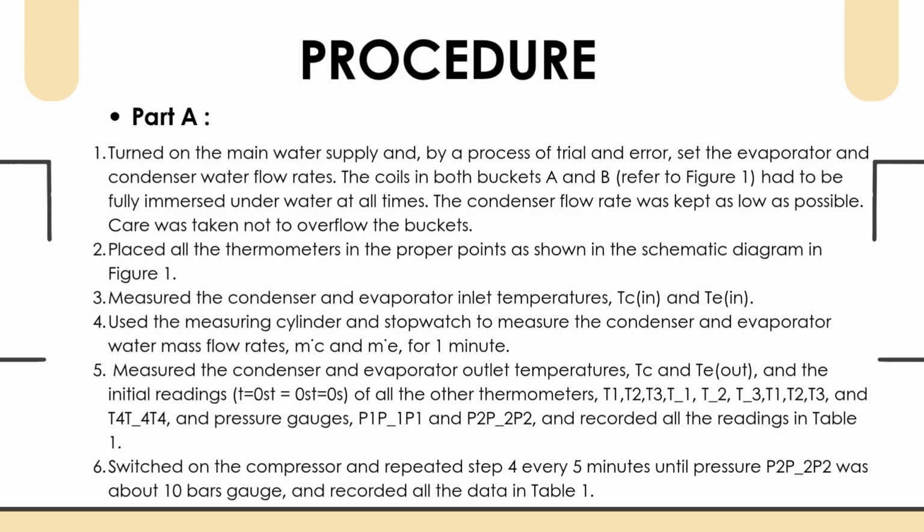Measure the condenser and evaporator outlet temperatures (Tc out and Te out) and the initial reading of all the other thermometers and pressure gauges, and record all the readings in table 1. And lastly, switch on the compressor and repeat step 4 every 5 minutes until the pressure reaches about 10 bar gauge, and record all the data in table 1.